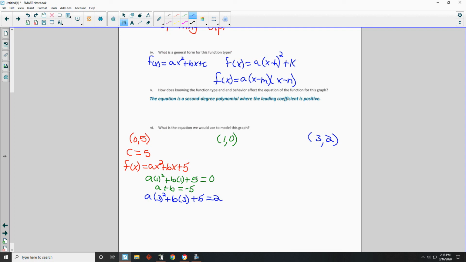Okay, I was getting ahead of myself there because I forgot the y of 2 in this case. Here's my x, and my y, or f of x, is 2. Now simplify, so I get 9a plus 3b equals, now subtract 5 over to the other side, 2 minus 5 is negative 3.